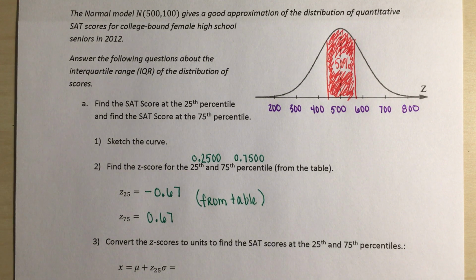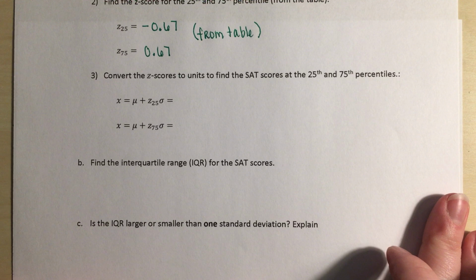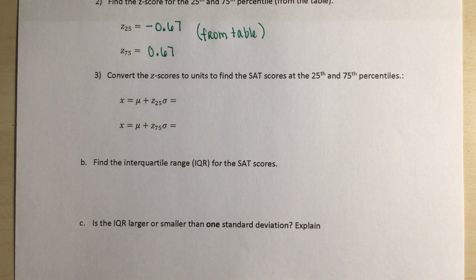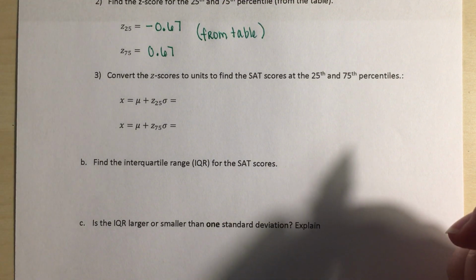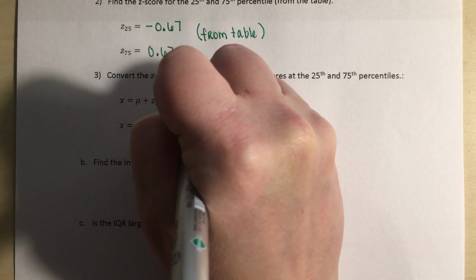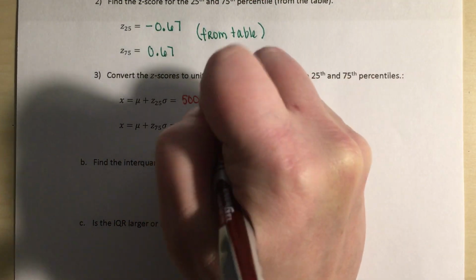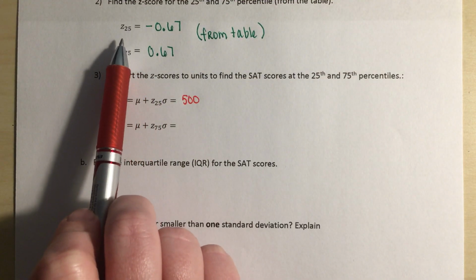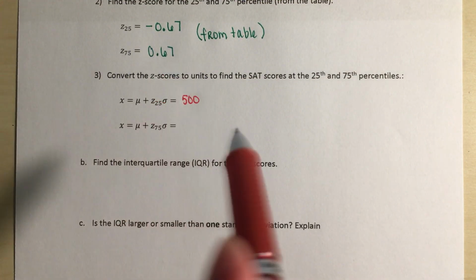Now we want to convert these z-scores to units. Here we're going to use mu plus z sigma. The way I have this separated, I have the notation showing that we're coming from both the 25 and the 75 here. Mu is our mean, which is still 500, and sigma is our standard deviation, which is 100. For the 25th percentile, we got a z of negative 0.67.